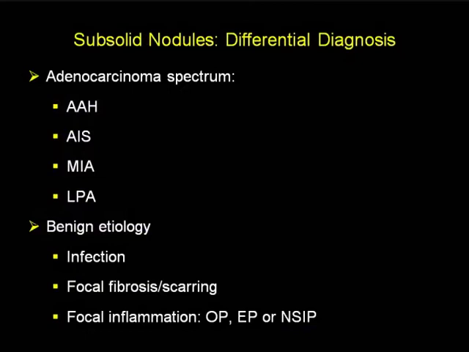Besides the spectrum of lung adenocarcinoma, subsolid nodules may also be benign. They may represent infection, focal fibrosis or scarring, focal inflammations such as focal organizing pneumonia, eosinophilic pneumonia, or focal nonspecific interstitial pneumonia. In fact, 30 to 70% of these subsolid nodules will resolve in a short-term follow-up, implying benign etiology.